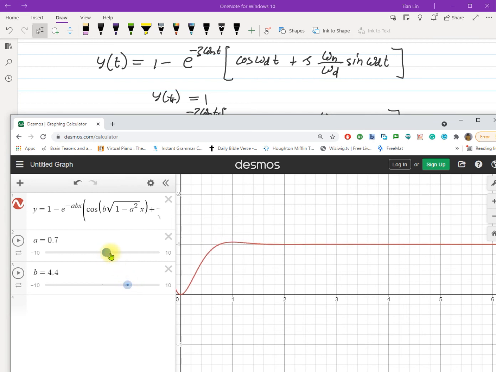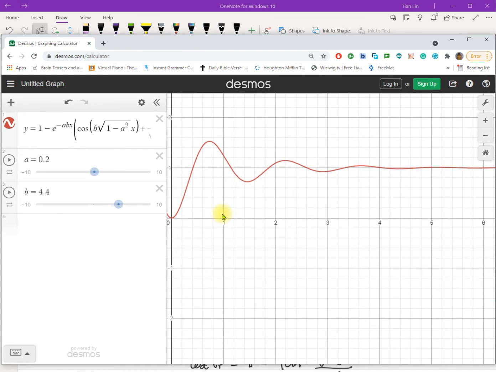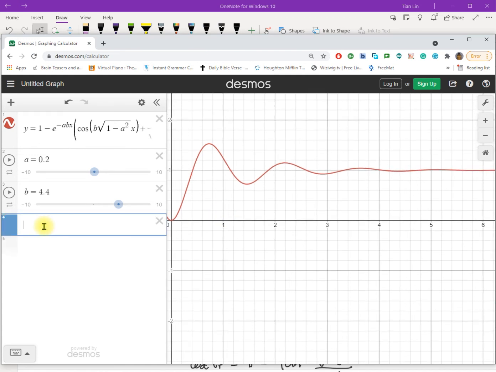What's the better value? Okay, that's 0.2, and let's say this is 4.4. So we have an input y equals 1. This should be our steady state value.